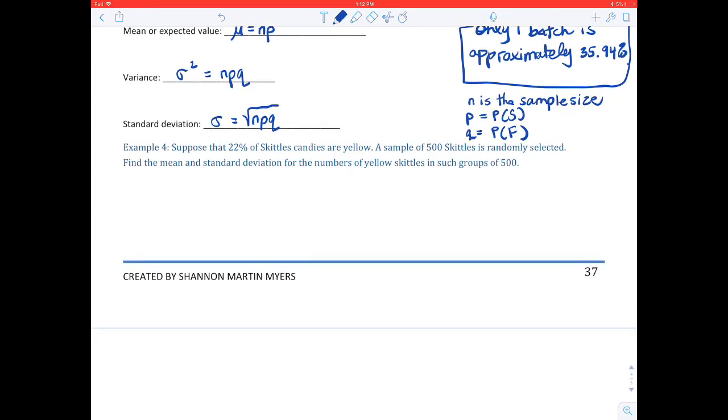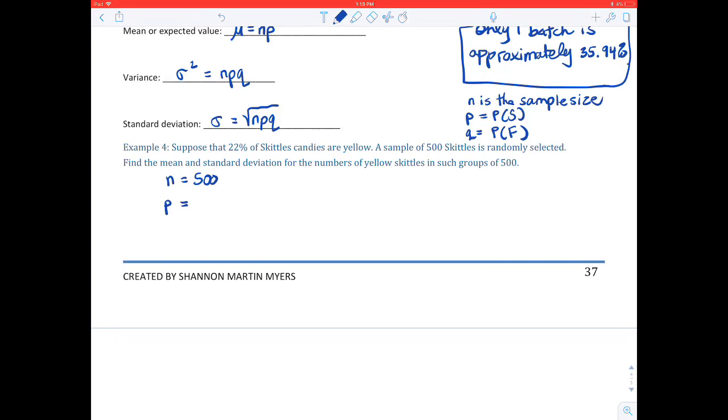So suppose we've got that 22% of Skittles candies are yellow. A sample of 500 Skittles is randomly selected. Find the mean and standard deviation for the numbers of yellow Skittles in such groups of 500. So let's figure out what we've got. What is our n? Beautiful. N is 500, right? There's 500 Skittles selected. The probability of success is what?